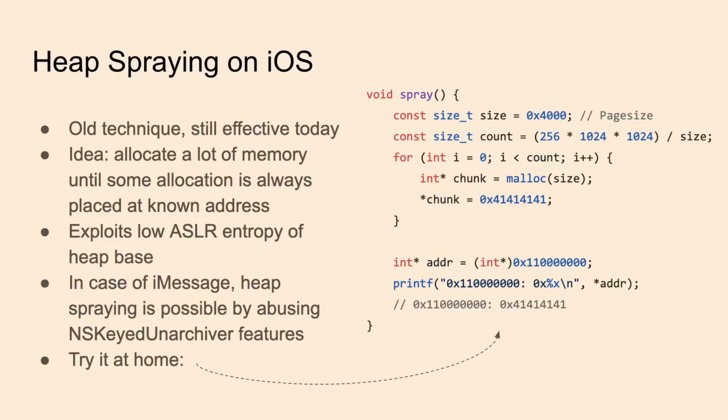So if you look at this code snippet on the right, which you can use to test that, what it does is it allocates 256 megabytes of memory on the heap with malloc. And then afterwards there's one address, or there's many addresses, but in this case I'm using this hex 1170s, where you will find your data. Okay, so just spraying 256 megabytes lets you put controlled data at a controlled address, which is enough for this first part of the exploit.